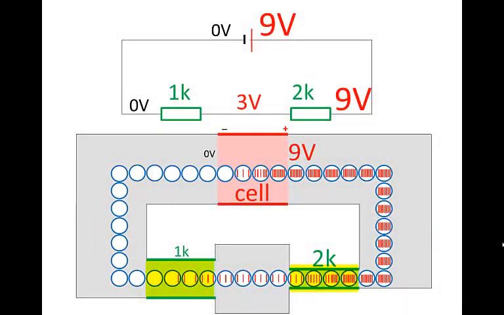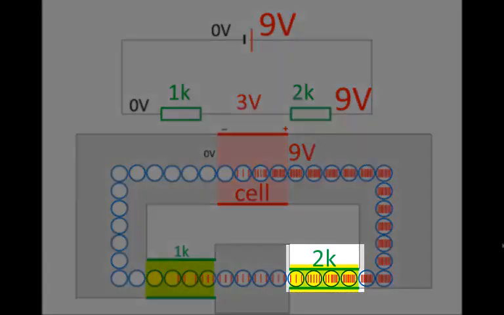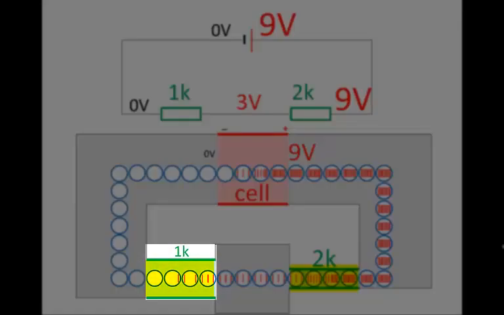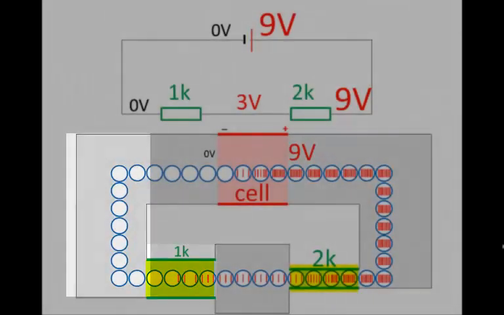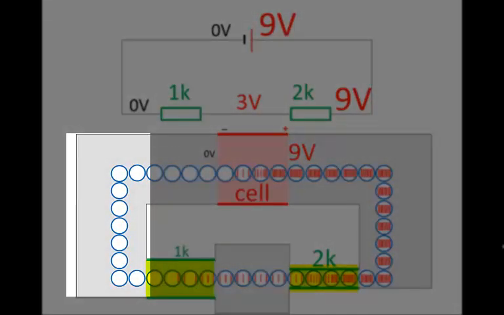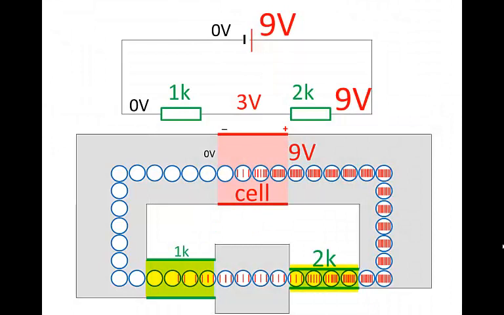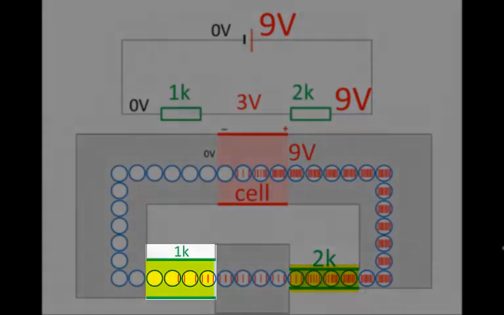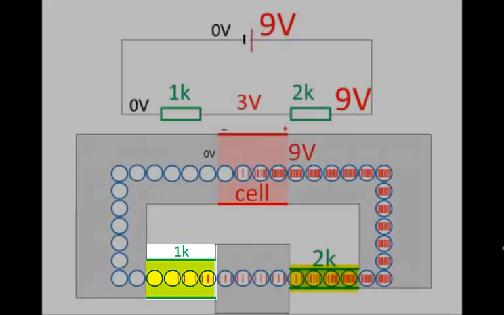A better way really of looking at it is that the charges have to fight double as much as they try to struggle through the 2K resistor compared to when they struggle through the 1K resistor. They don't need to struggle at all as they go through the good conductors, but through the 1K and 2K resistors they must struggle, but they have to struggle much more, double as much, through the 2K resistor than the 1K because it's double as resistant.